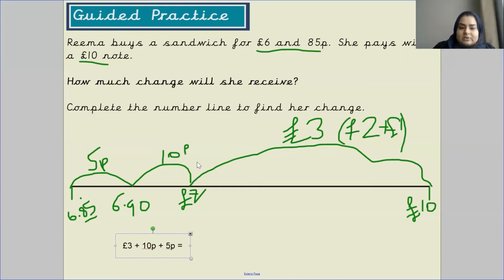So £3 add 10p is £3.10 plus the 5, £3.15. So Rima gets £3 and 15p, which is the same as £3.15. I do not use a p here, okay? I do not use that because I've used the pound.